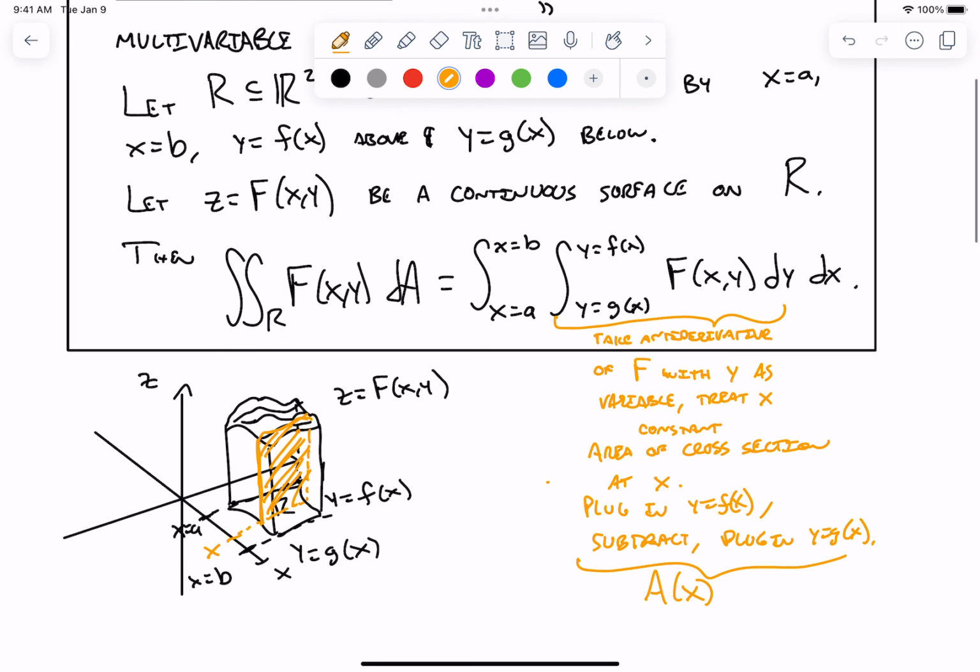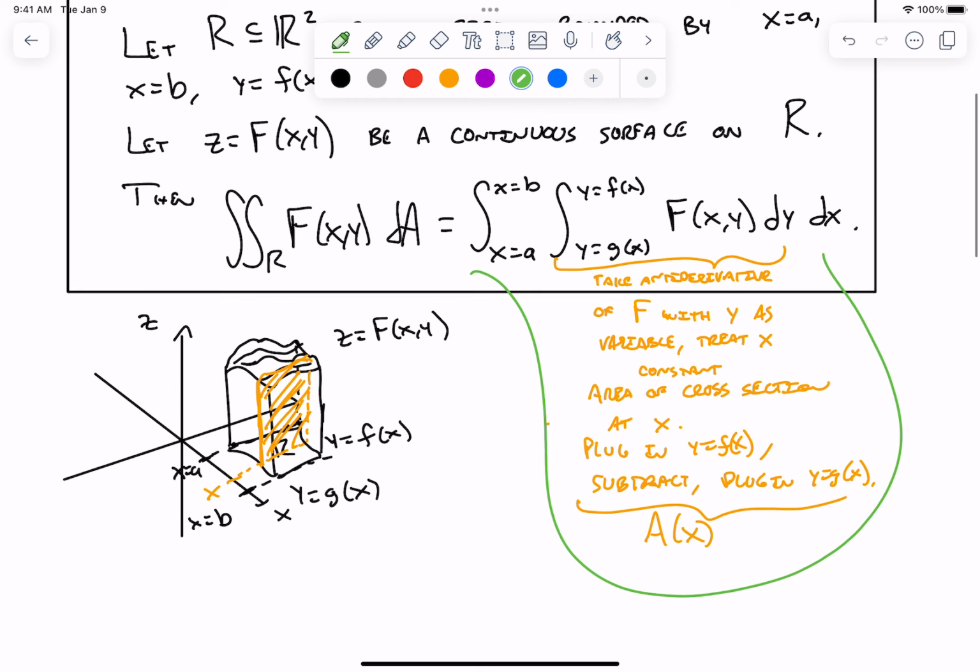And then you hand that off to this outer integral. Now this outer integral just looks like a normal Calc 1 style integral. It's just that this A of x happens to represent the area of a cross-section of this 3D solid.